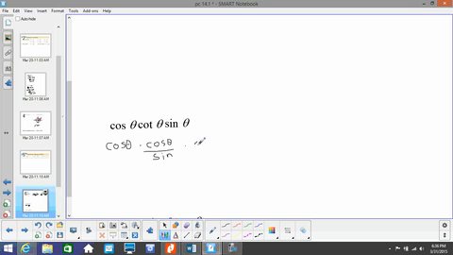And I'm going to leave the sine the way it is. It looks like I forgot to write my theta there. If I'm going to make a mistake, that's usually what it is. Well, what happens is those two sines cancel. Cosine times cosine is going to give you cosine squared theta.